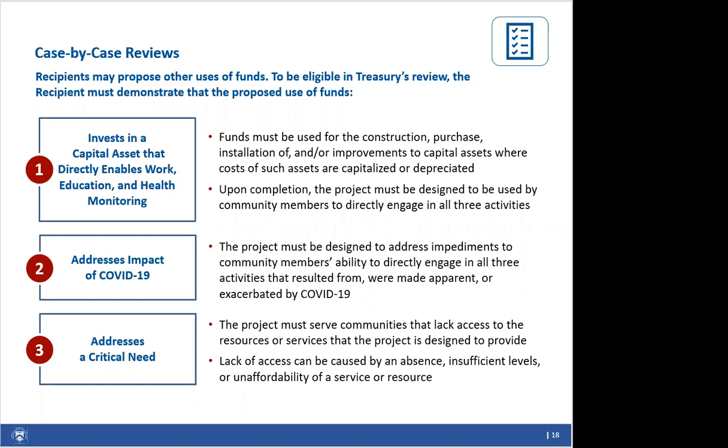Number one, the project must invest in capital assets designed to directly enable work, education, health monitoring. Number two, the project must be designed to address a critical need that results from or was made apparent or exacerbated by the COVID-19 public health emergency. And the project must be designed to address a critical need in the community to be served by it. And more details about the case-by-case review process can be found in the guidance.